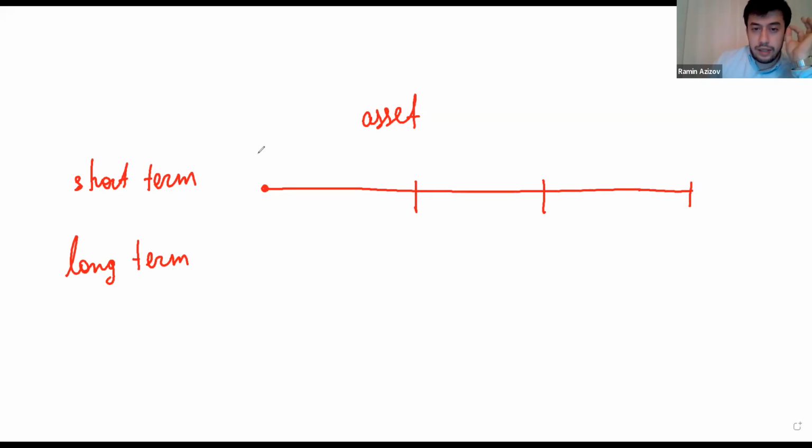Okay, guys, considering that we are at a point, and we are preparing our financial statement. At that point, we have, let's say, inventory, which is our main item we aim to sell within the ordinary course of business. So inventory is a short-term asset.